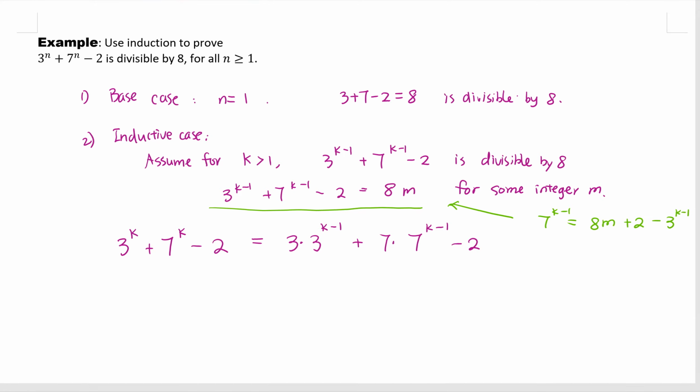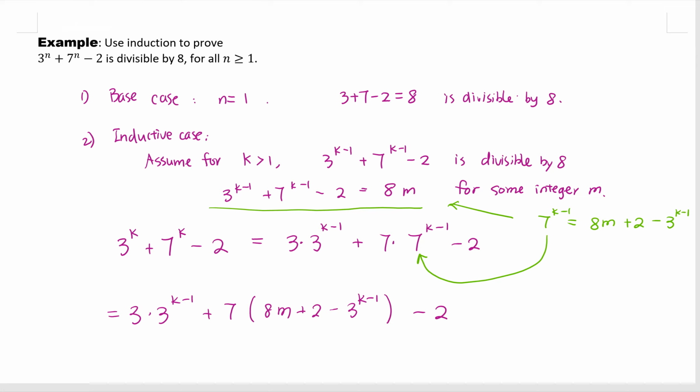Then I use this to plug in here. And then what do we have now? We have 3 times 3 to the k minus 1 plus 7 times, put in here, 8m plus 2 minus 3 to the k minus 1. And then we still have minus 2.